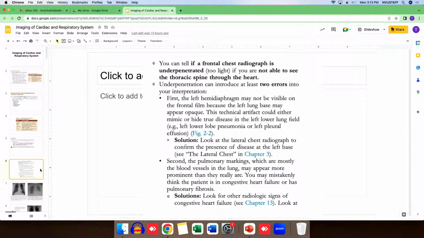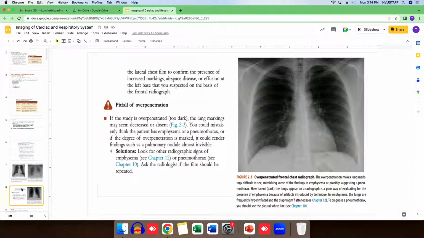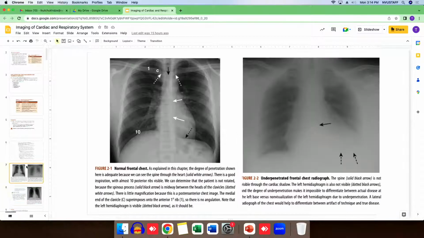And regarding the pulmonary markings, if the blood vessels are really prominent, that means that our patient has congestive heart failure. So let's see the photos, and of course we should take the lateral film for confirmation of the air spaces and so on.